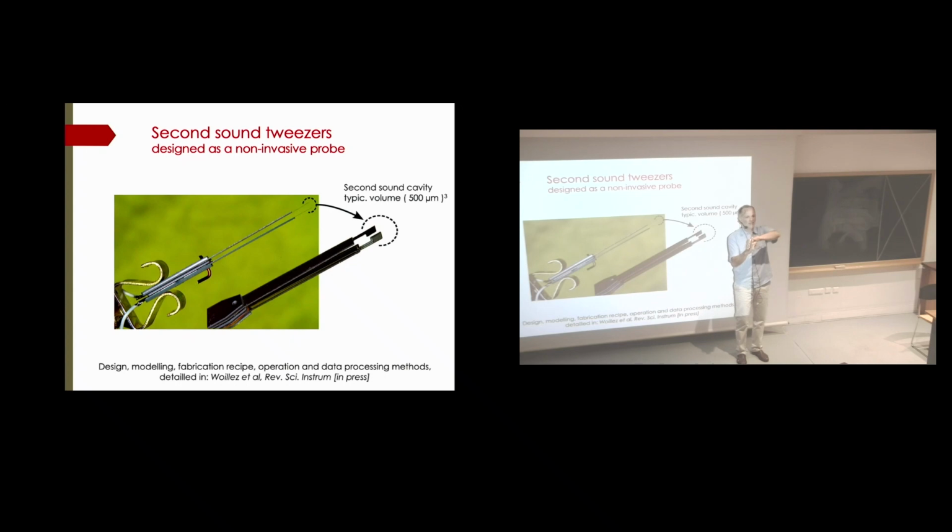One plate will be a heater, the other one will be a thermometer. The thickness will be 1 millimeter or 2, and about 10 centimeters away. So it's really a local probe, and it's so thin that it is non-invasive. So as the flow flies through the probe, we can measure in real time what is the amount of vortices or entropy. Yes, sure.